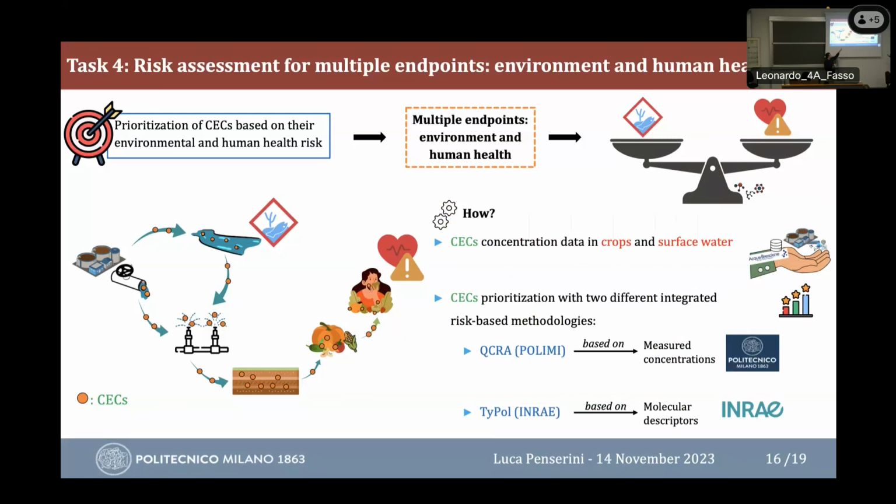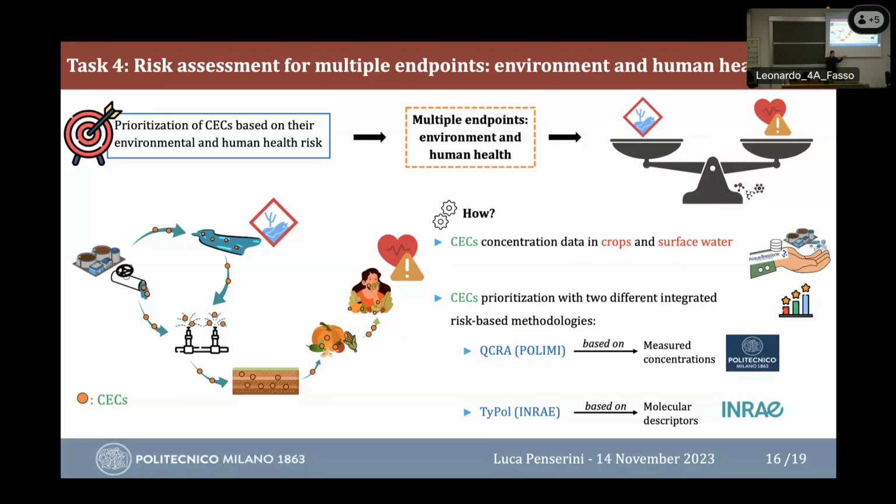We evaluate the concentration in both crops and surface water to have both the exposure concentrations, and we try to prioritize these contaminants of emerging concern based on 2 different risk methodologies. The first one is the QCRA, which we saw before, and the peculiarity is that it is based on measured concentration data.